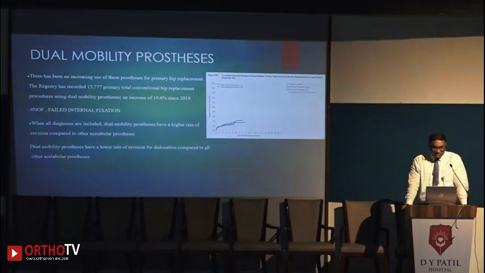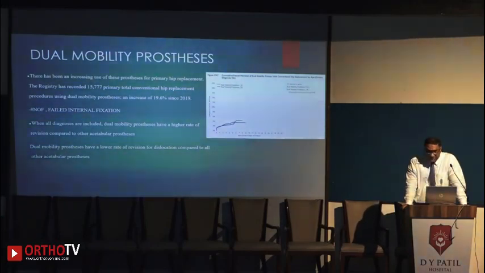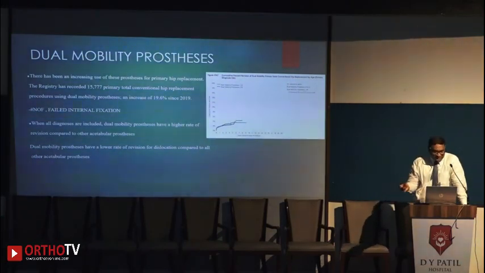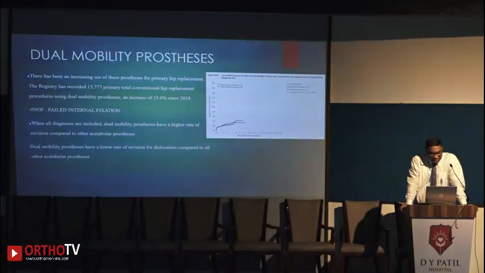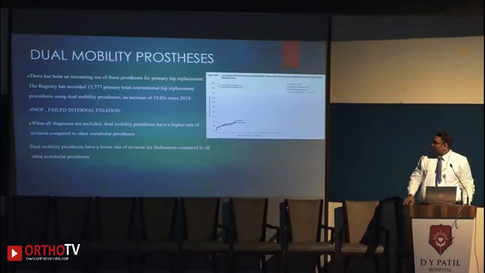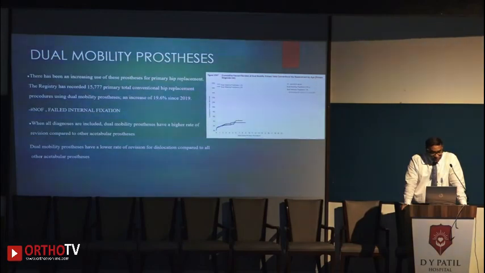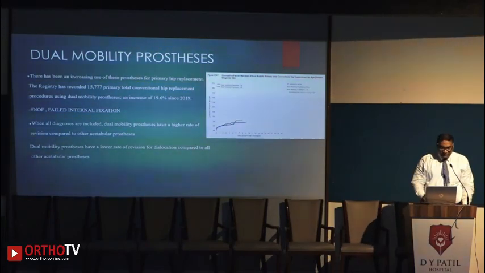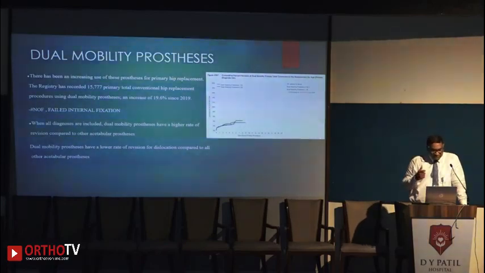When used for all diagnoses, the dual mobility prosthesis has a higher rate of revision compared to other acetabular prostheses. But it has a lower rate of revision in cases of neck of femur fracture, failed internal fixation, or when it is used for dislocation.